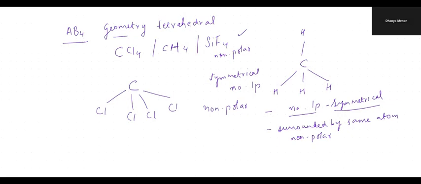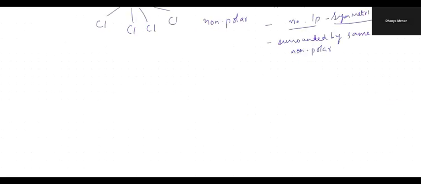But let's go to that exception. If I take CH3F, CH2Cl2, CHCl3, CH2F2, these are also of the kind AB4. The central atom is surrounded by 4 atoms, 3 plus 1 is 4. Central atom carbon is connected to 2 hydrogens and 2 chlorine, total 4.